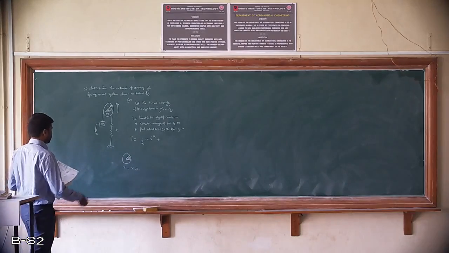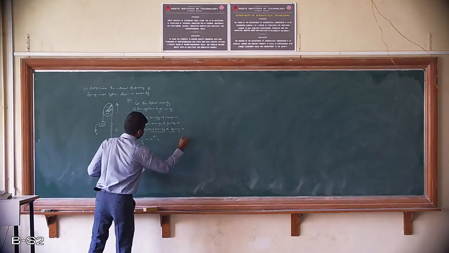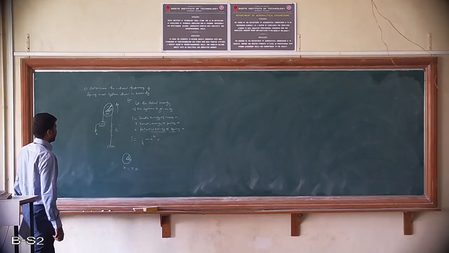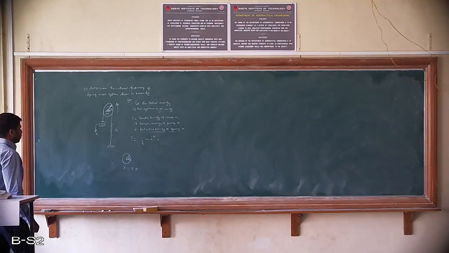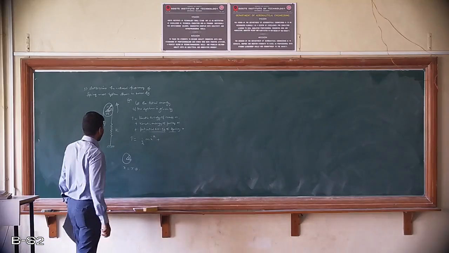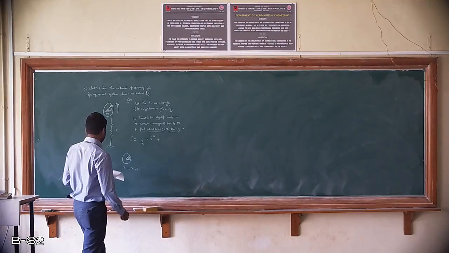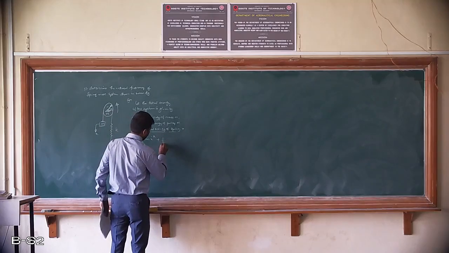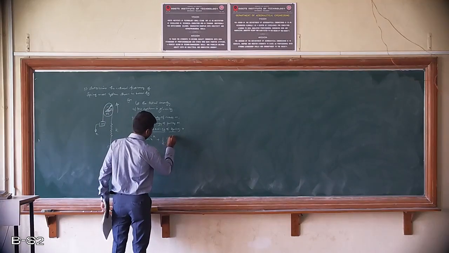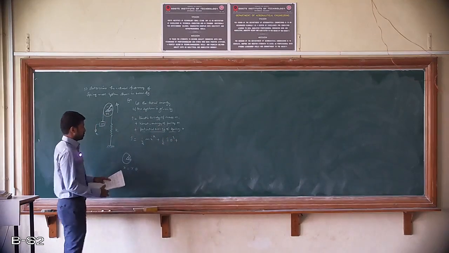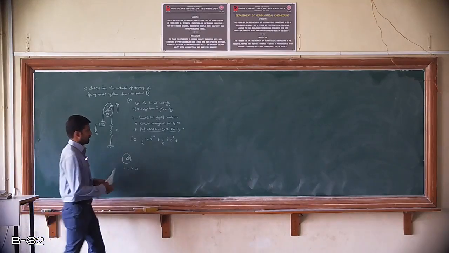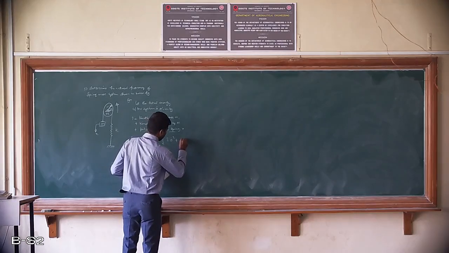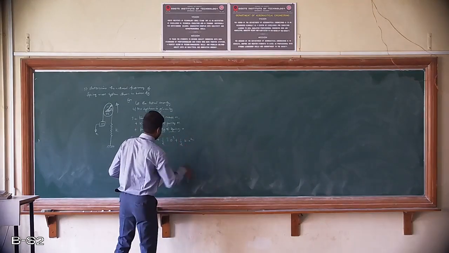The kinetic energy of the pulley, a circular element, is half into I into theta dot square, plus the potential energy of the spring, half into k into x square.